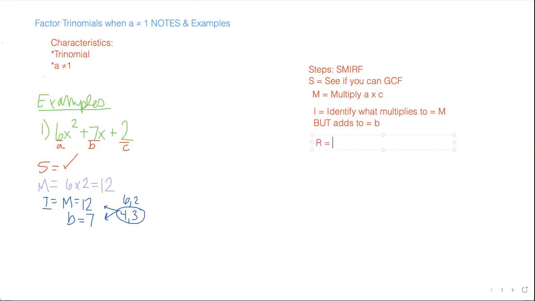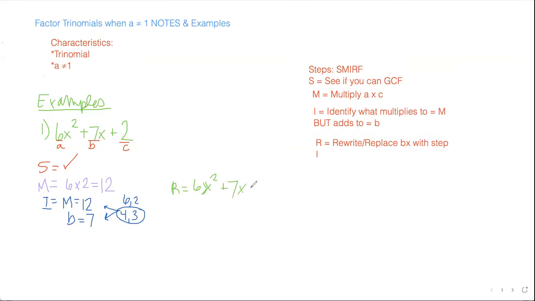Next, let's go to step R. R stands for rewrite the equation, replace bx with step I, the numbers that we found from step I. Here's what that looks like. Let me put this over here so I have a little bit more room. So step R, I'm going to rewrite this equation: 6x squared plus 7x plus 2.